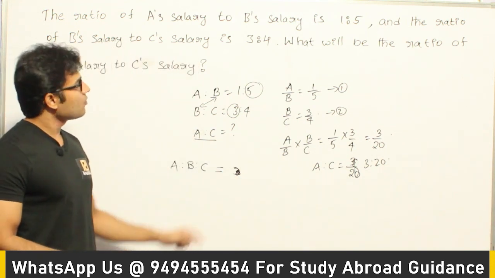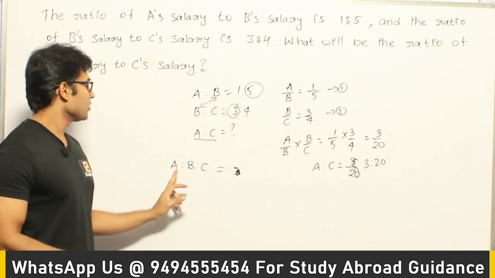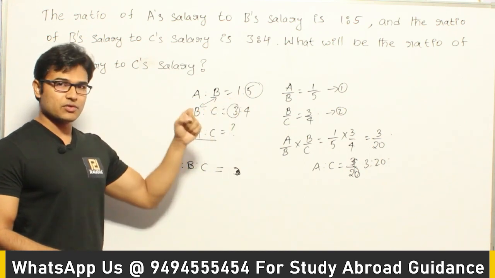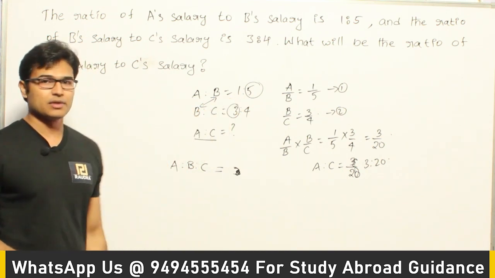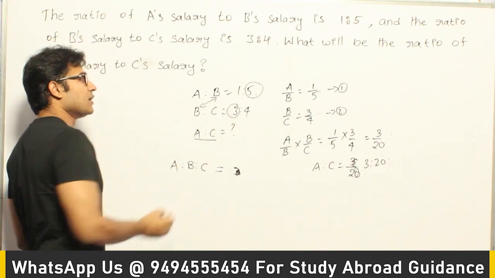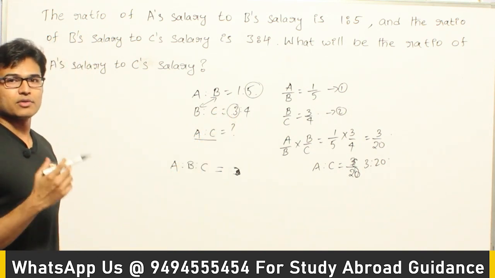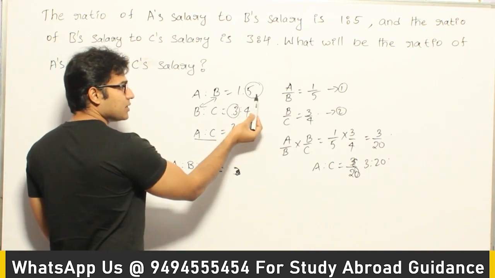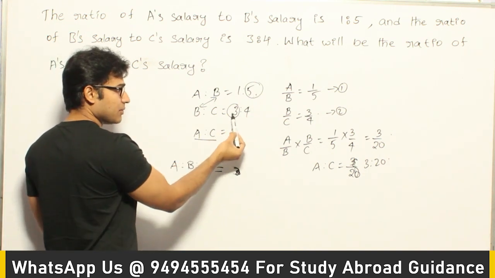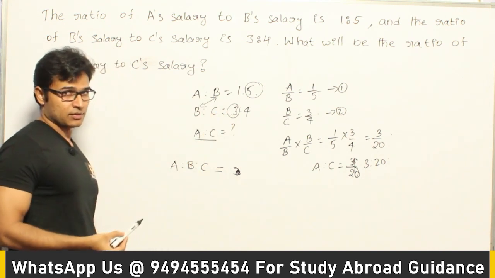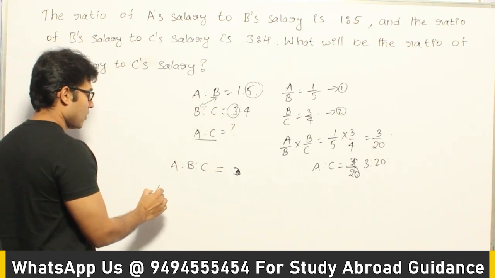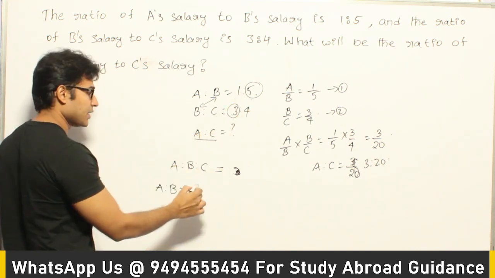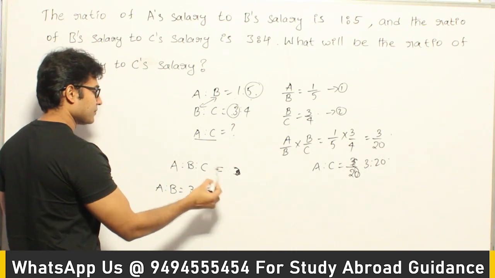Okay. Now, but if you want to combine all these three and if you want to write A is to B is to C, now take the common part in these two and try to get it to a common number. So here there is 5 and here there is 3. Instead of using two different numbers, try to get it to a common number. Now how to get this into a common number is, if I multiply this with 3, I get 15. If I multiply this one with 5, I get 15. That is the way, right? So now I can write A is to B equal to, multiplying this with 3 on both sides, I get 3:15.